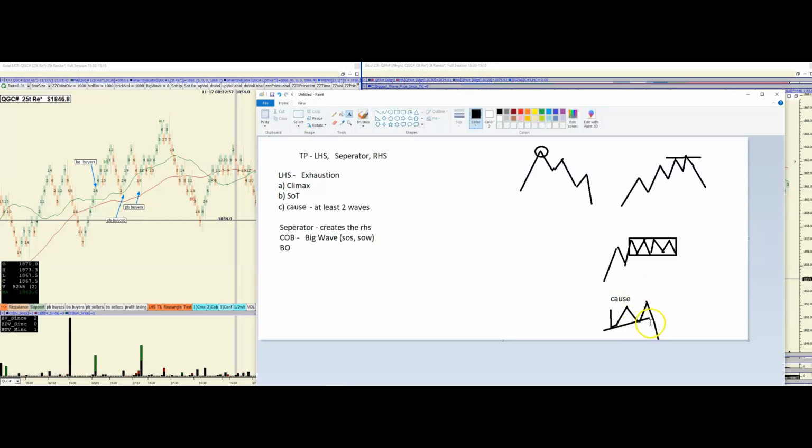When it breaks, let's say we have this bar, bang, right there. Now, what is this bar called? Yeah, you call it breakout.